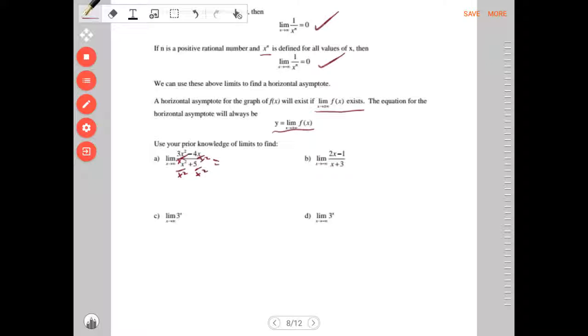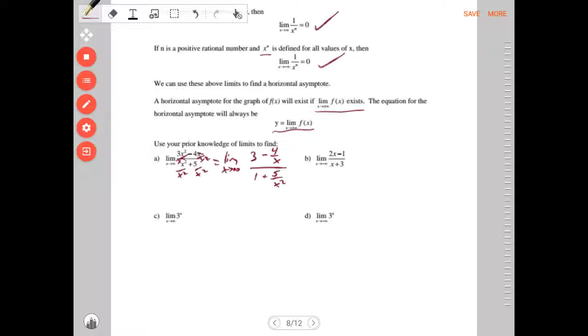So, limit as x approaches infinity. 3x squared divided by x squared is just 3. Then 4x divided by x squared, the x's can cancel, so that's going to be minus 4 over x. Then x squared over x squared is 1, and 5 over x squared, so plus 5 over x squared.